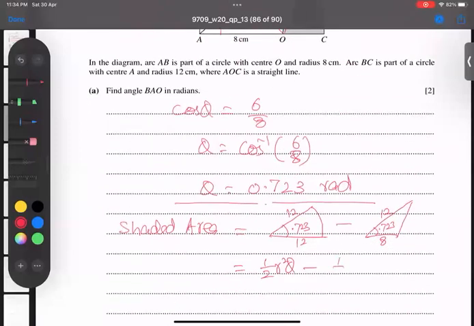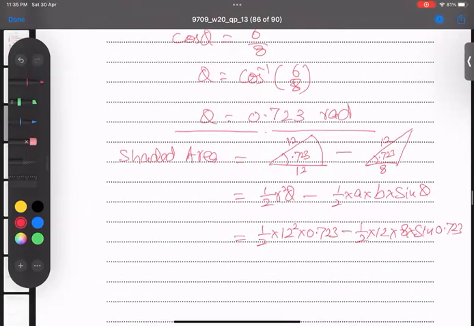So this is half into A into B into sine theta, the basic formula we have for the triangle. Half r squared theta, r is 12, theta is 0.723, minus half into 12 into 8 into sine of 0.723. Now it's just a matter of typing in the calculator. We'll give our answer.